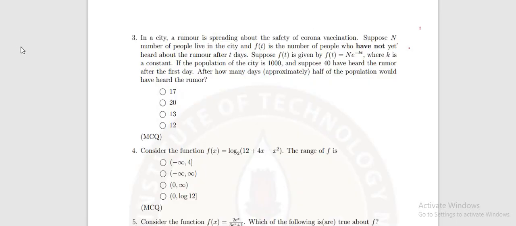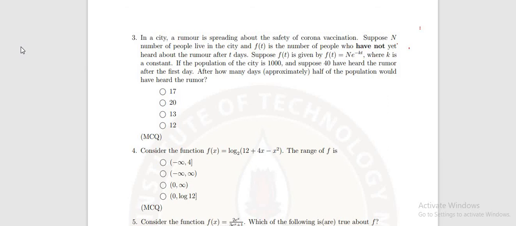Moving on to question number 3. In a city, a rumor is spreading about the safety of corona vaccination. Suppose N number of people live in the city and function F dependent on T is the number of people who have not yet heard about the rumor after T days.